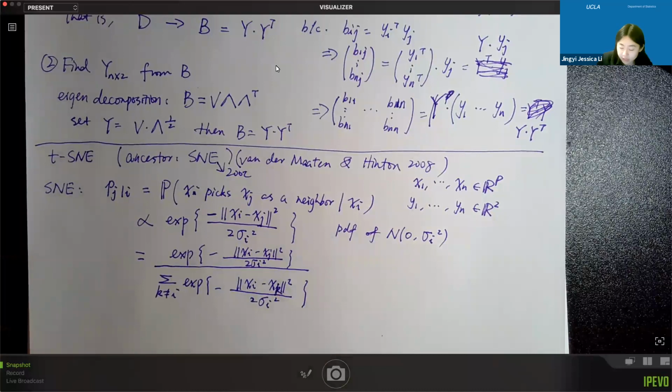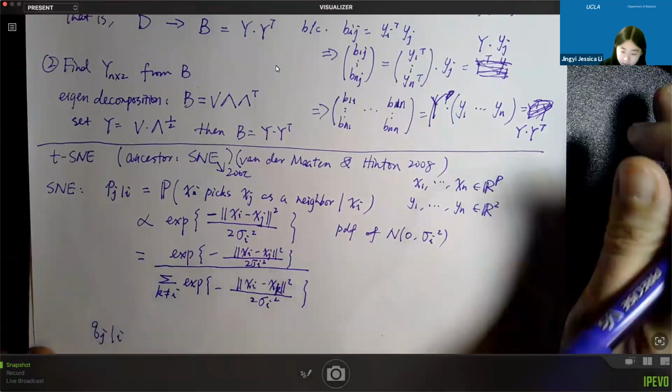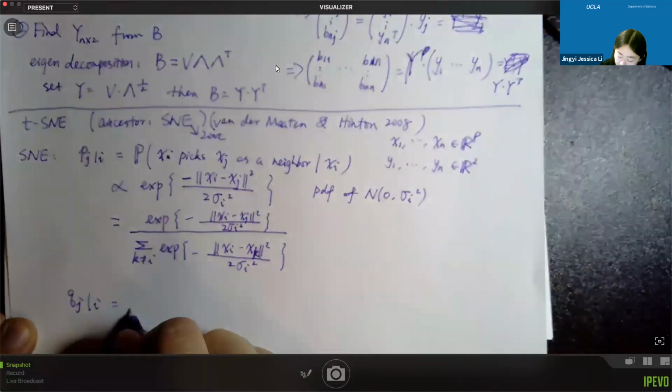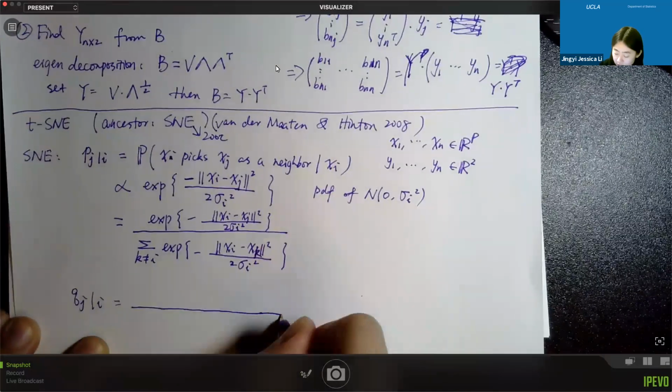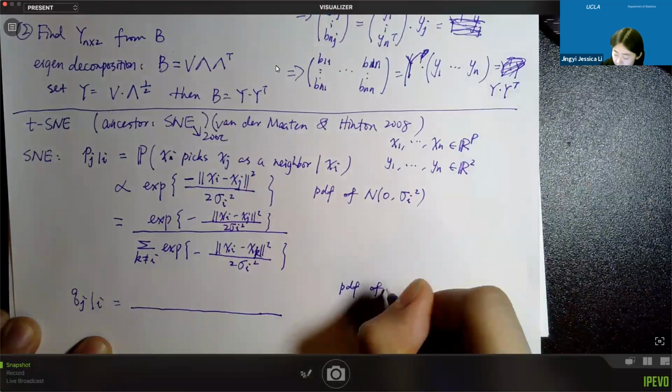And similarly, in the low dimension, I will define q_j given i in the same way. But in the low dimension, I just use the Gaussian density with variance 1.